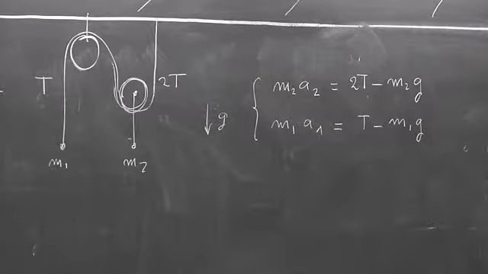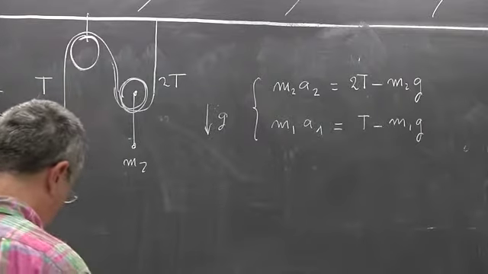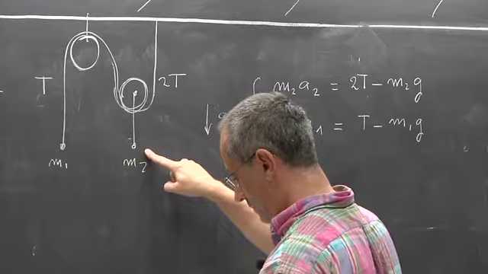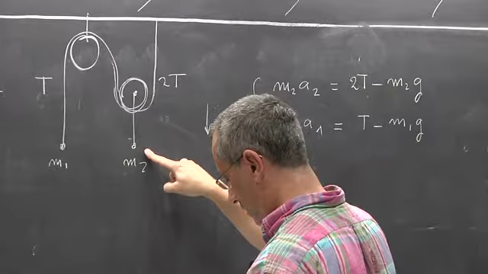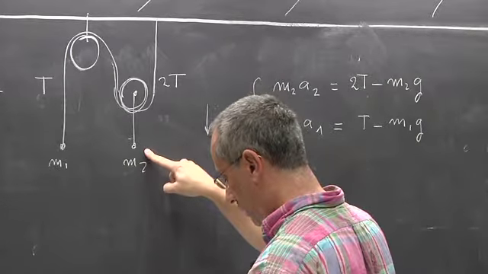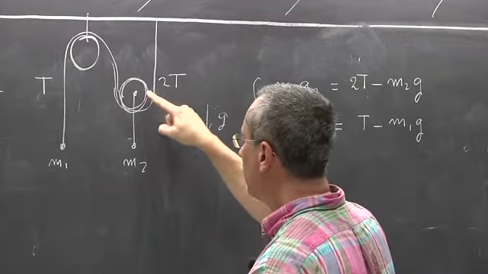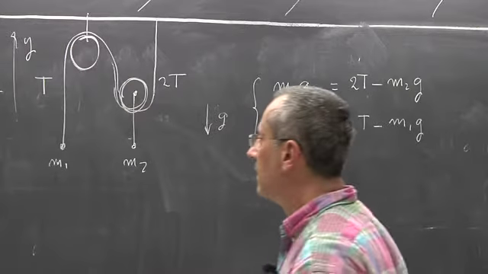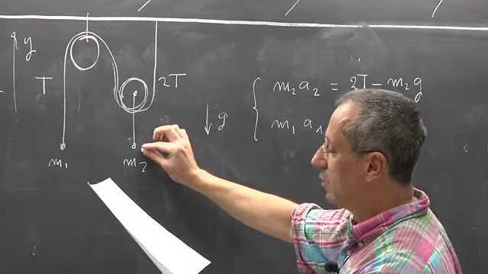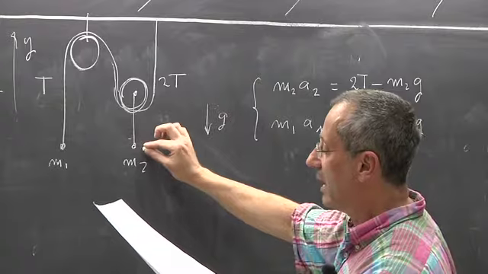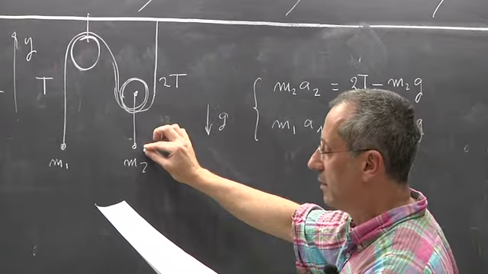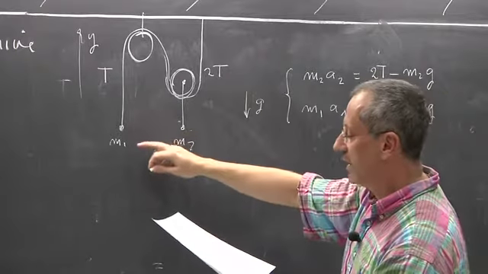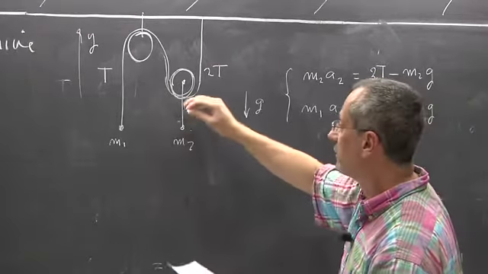You see, if you call this the y-axis, and if you call the position of this mass y1, you see that the position of the other one is sort of linked.